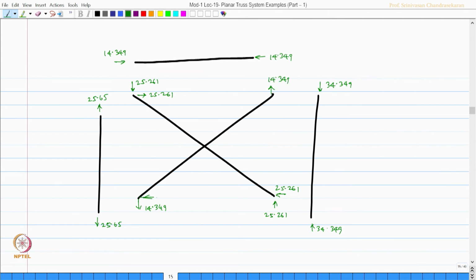This is also 14.349 and this is 14.349 positive.